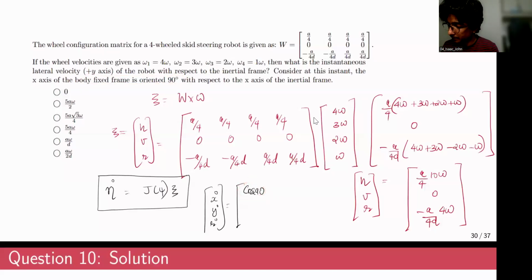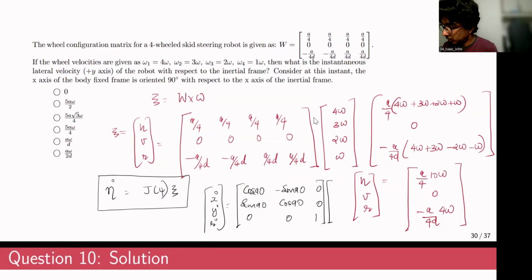So this is cos 90, minus sin 90, 0, sin 90, cos 90, 0, and 0, 0, 1. And you multiply this out with the value that you got over here. So I'll write it as 5a omega by 2, then the second entry is 0, and the third is minus a omega by d.